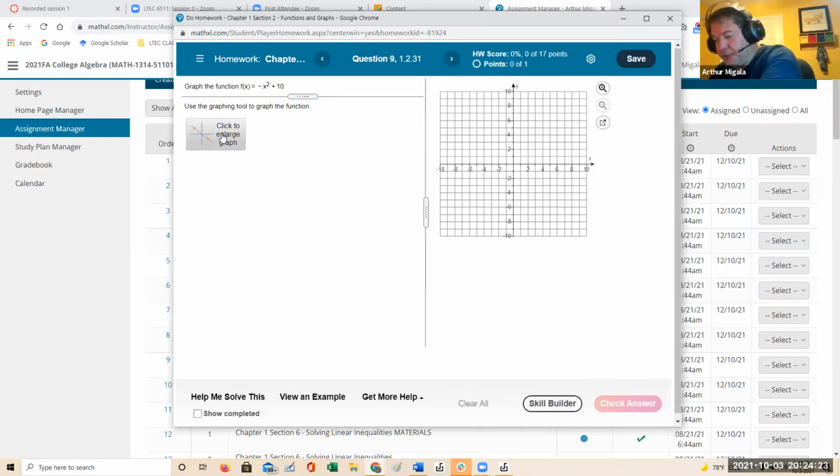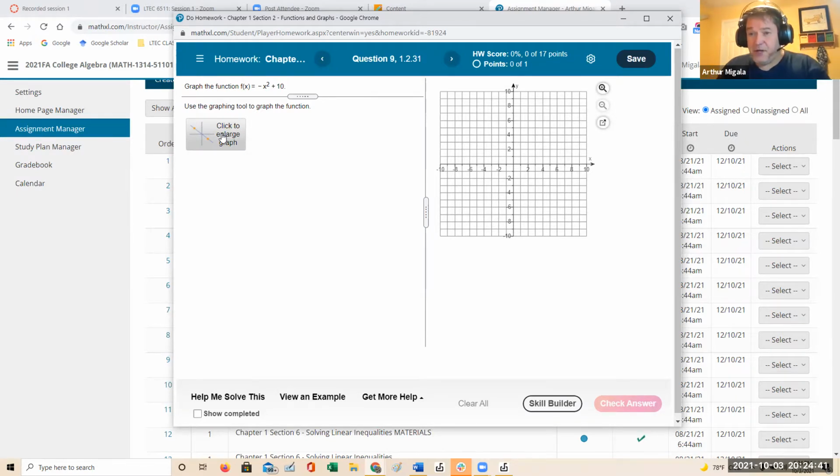Basically, with this one, let me write this one down. Chapter 1, section 2, number 9. Graph the function -x² plus 10.